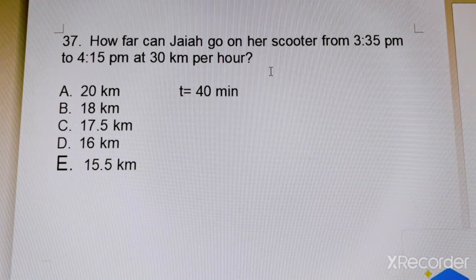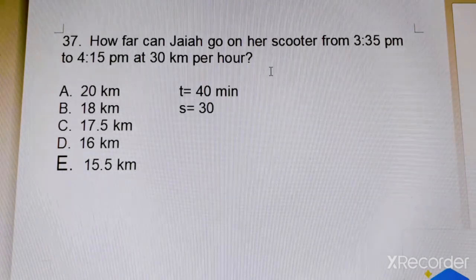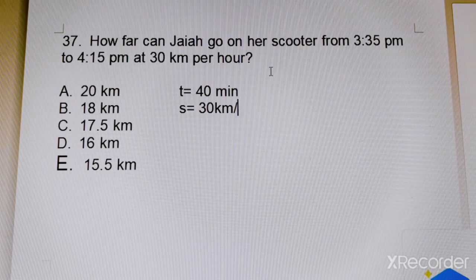And also the speed is 30 km per hour. Let's convert our unit to minutes so we can cancel them out later for consistency. So 1 hour is 60 minutes.